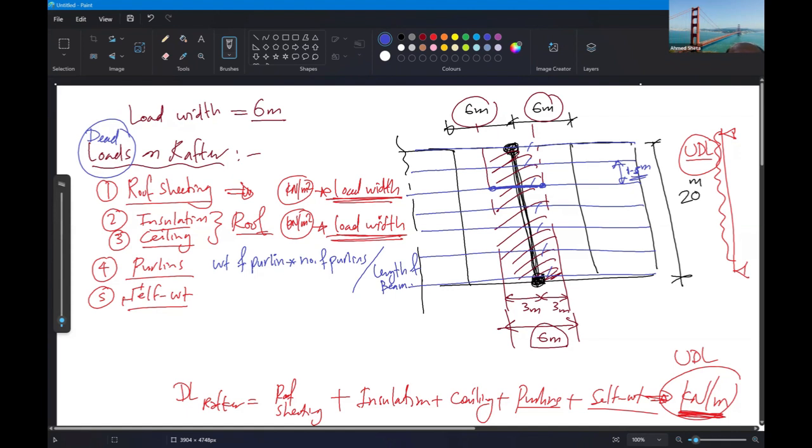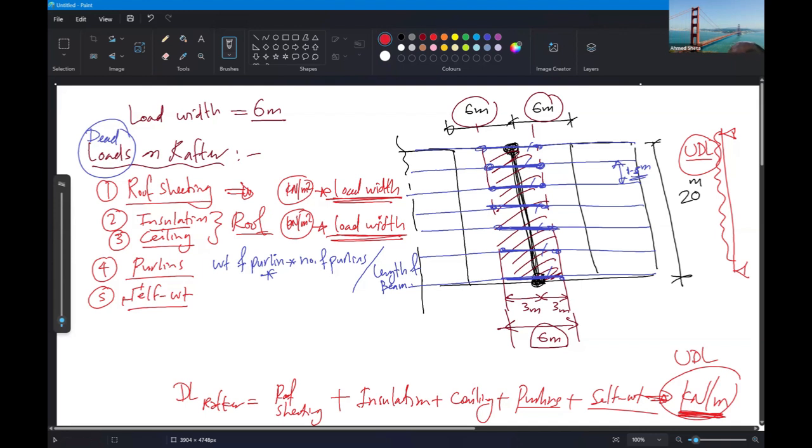And here also we just need to multiply. For example, as you can see, what is the difference between the purlins and the rafter? Are they in the same direction? No, they're running in opposite directions, they are perpendicular.